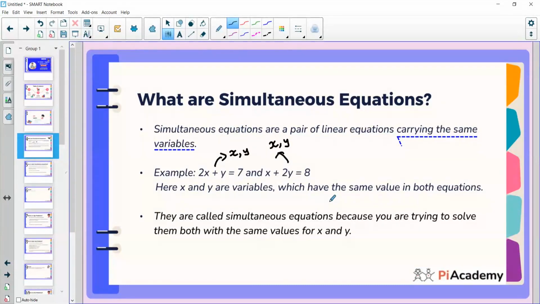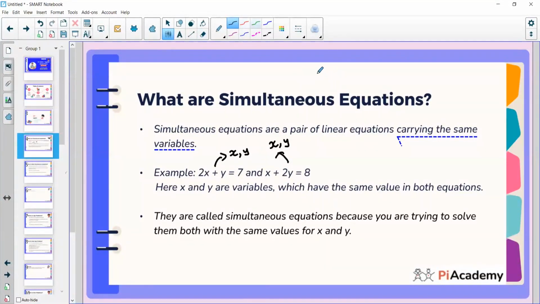Similarly, these equations are called simultaneous equations because you are trying to solve both of the equations at the same time to get the values of the variables x and y. So you are solving both the equations and getting just 2 variables, x and y, which are common for both. That's the reason they are termed simultaneous equations.